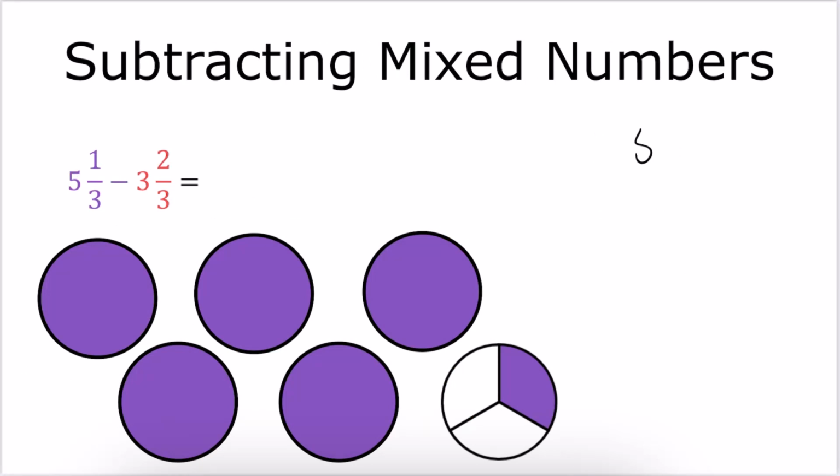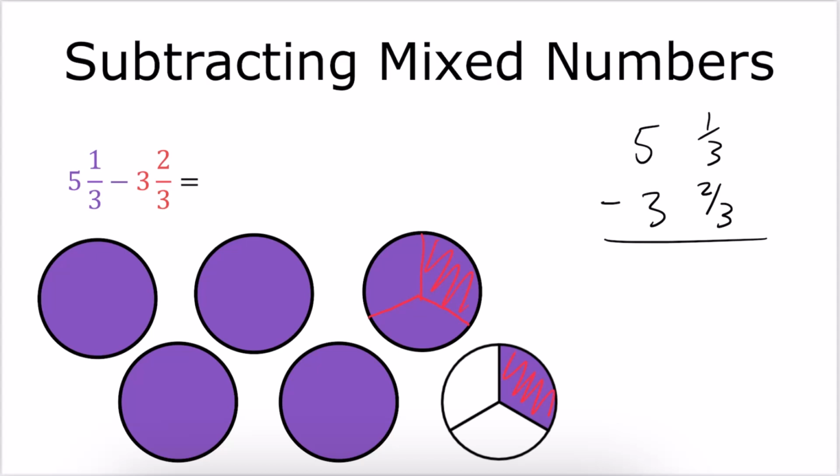So this is how you can add mixed numbers, and you can use a similar strategy when you're subtracting mixed numbers. So if I have 5 and 1/3 and I want to subtract 3 and 2/3, then I need to take away 2/3. But I can't do that if I only have 1/3 available. So what I can do instead is I can take one of my wholes and cut it up into thirds, because then I can take away the 2/3.